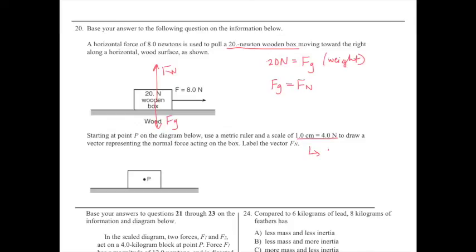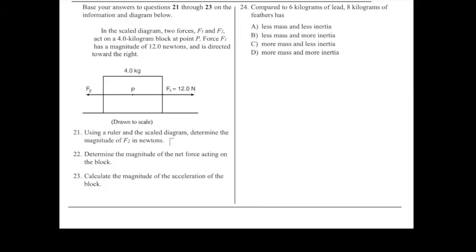I'm clearly not gonna draw this to scale, but 1 centimeter equals 4 newtons, so we have to draw a 20 newton vector that is 5 centimeters in length, and that's definitely not 5 centimeters. Probably a lot longer than that. Anyway, next set.